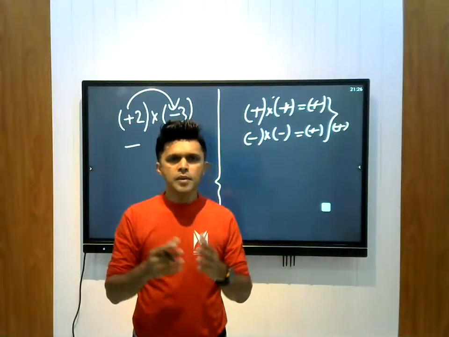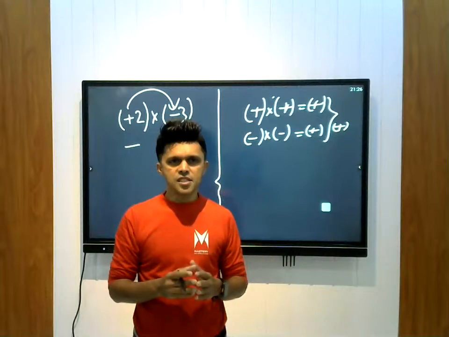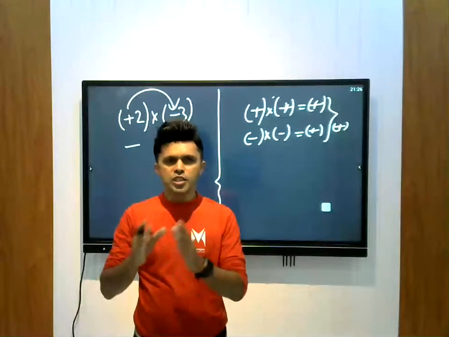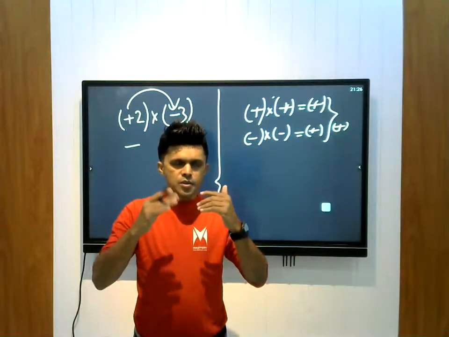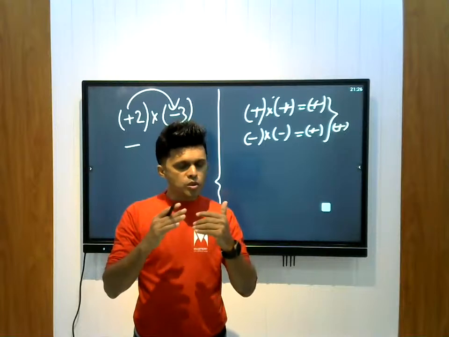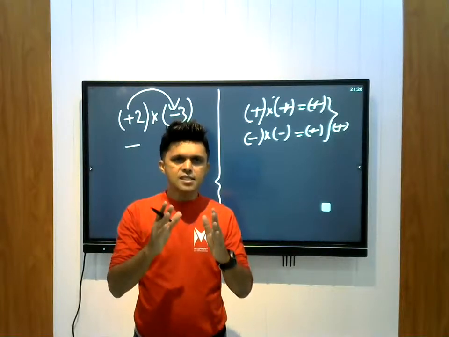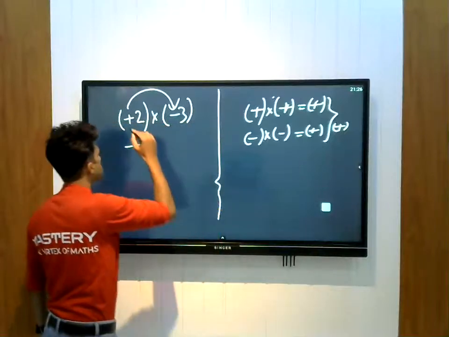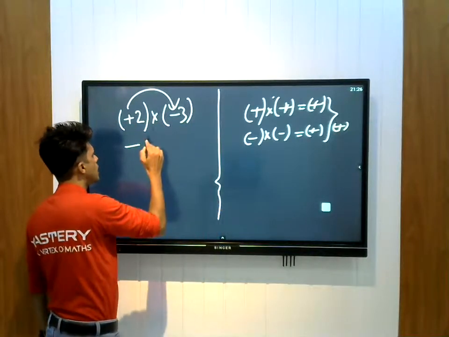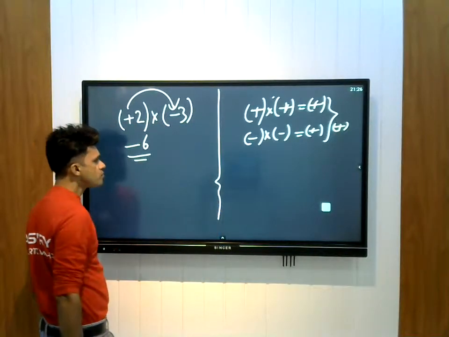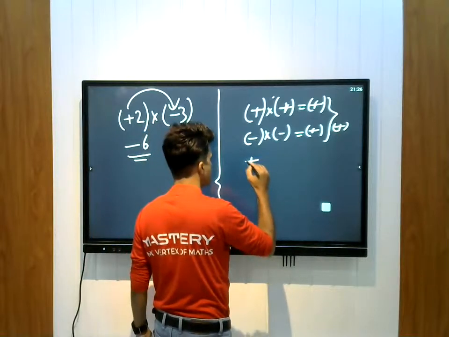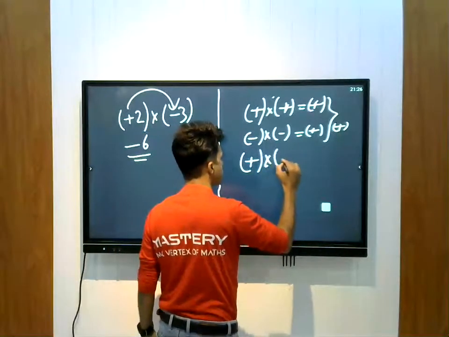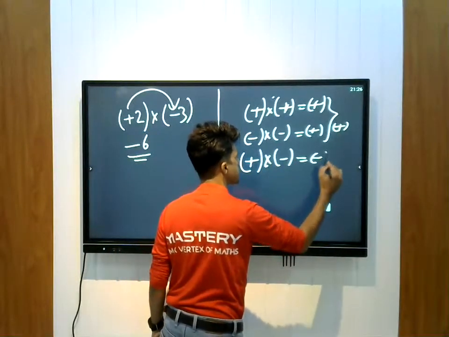You should not ask me questions like what's the reason for that. You need to know about this one. You cannot question that, these are concepts. So plus into minus is minus, and 2 times 3 is 6.